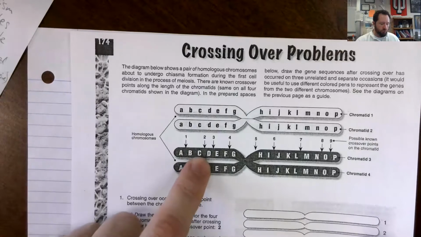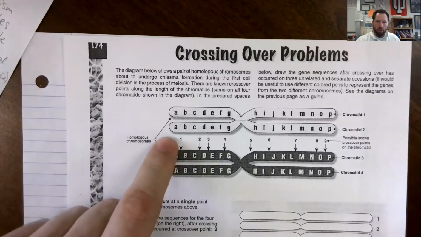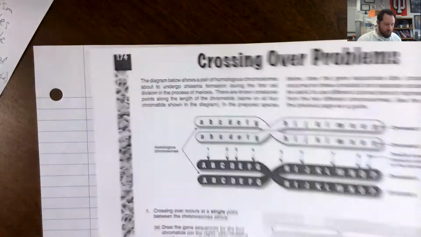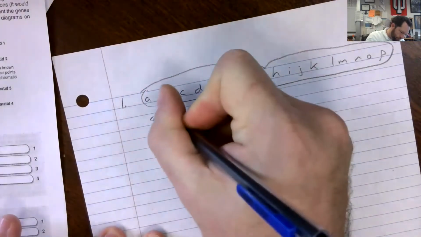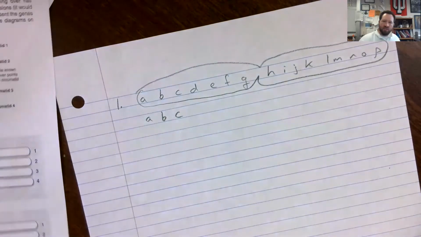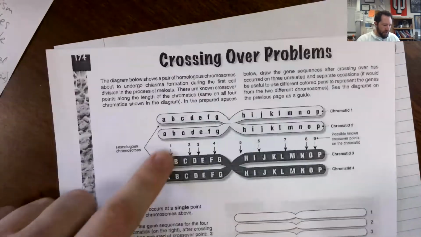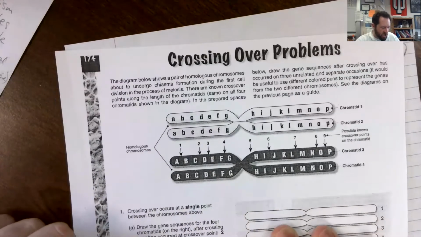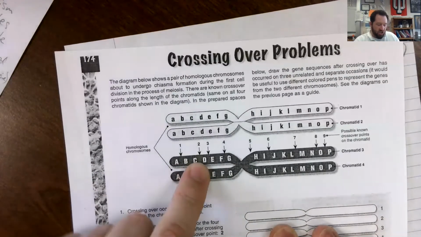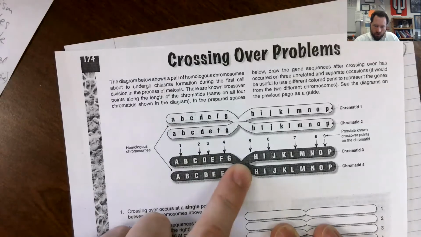So if crossing over is occurring right there, I'm going to keep my ABC lowercase. So chromosome number 2 here: a, b, c is still lowercase, but then we have that crossing over occurring. That means it's going to change genes with the dominant chromosome.